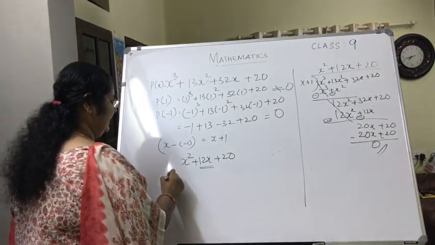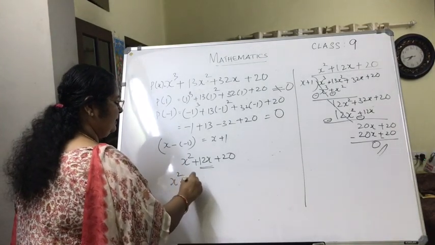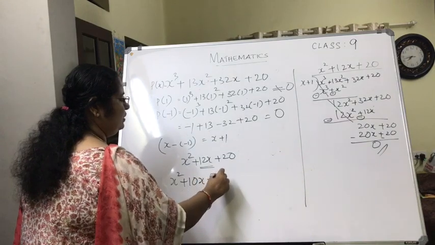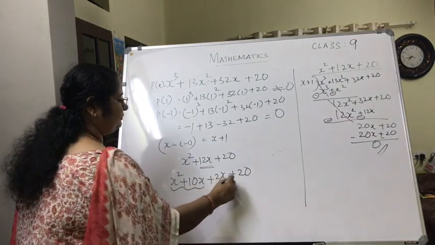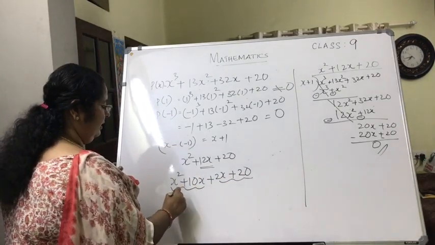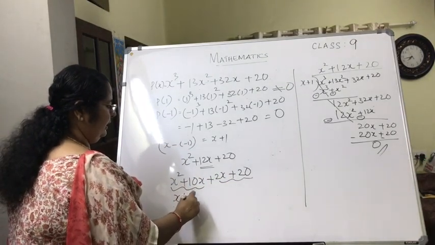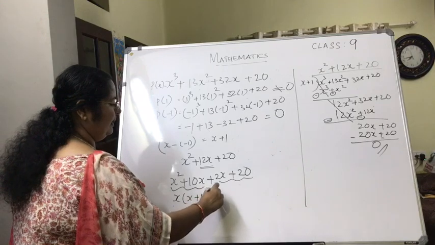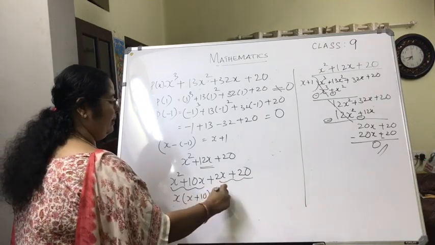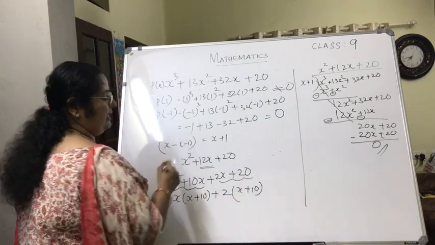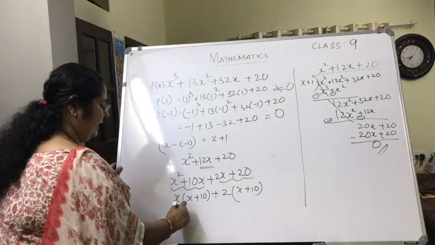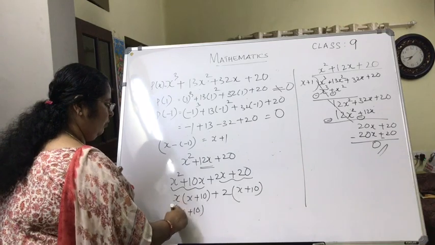So you go to splitting it as x square plus 10x plus 2x plus 20. Now grouping, take the common. You have x into x plus 10 plus, here what is common? 2 is common. 2 into x plus 10. Again which is common? X plus 10 is common. What remains?